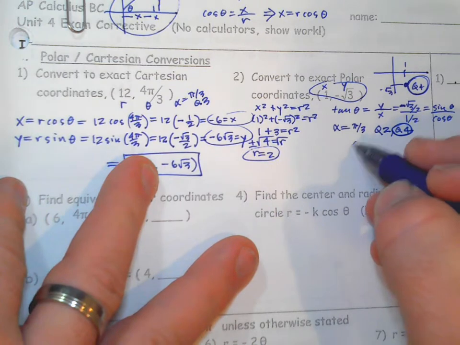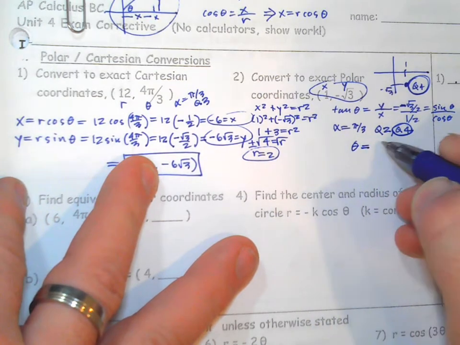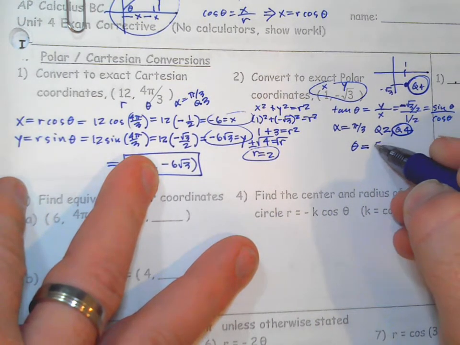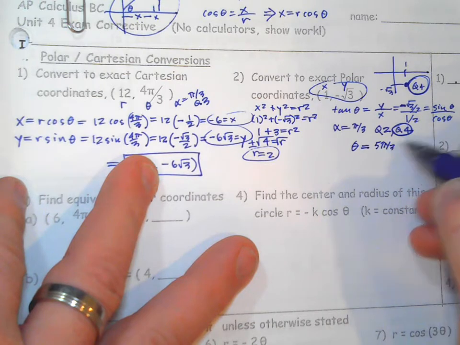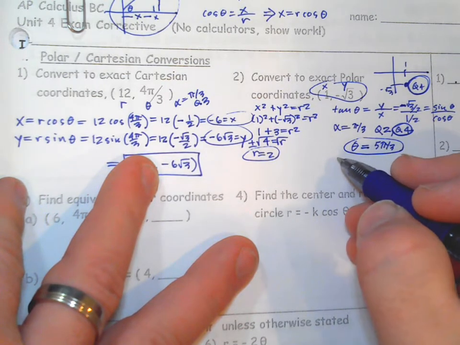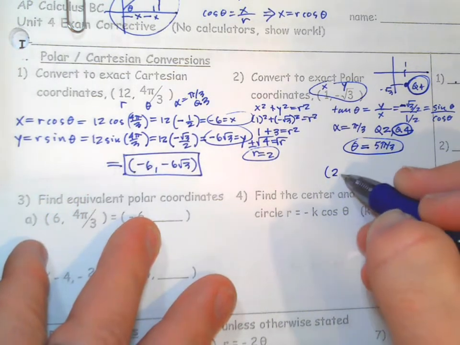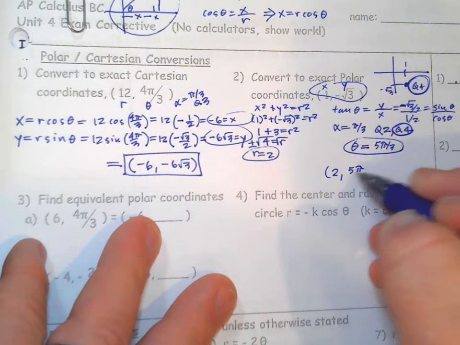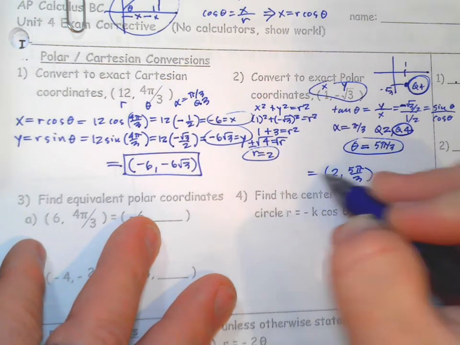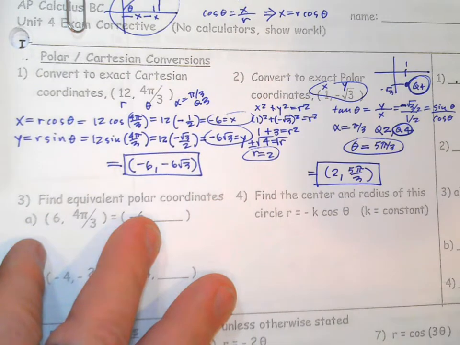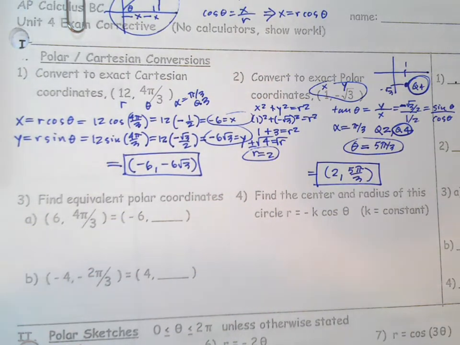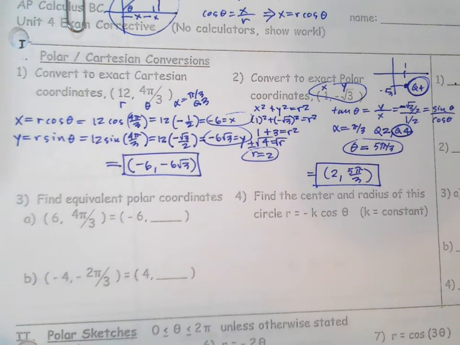And so theta equals 5 pi over 3. So your coordinates are r first, theta second. There you go. Find the equivalent polar coordinates.